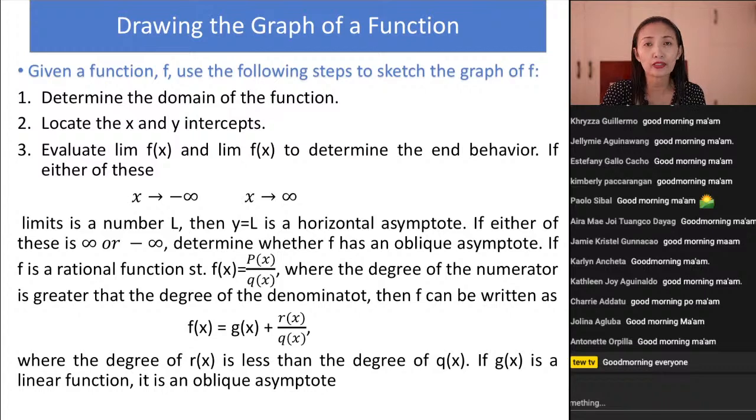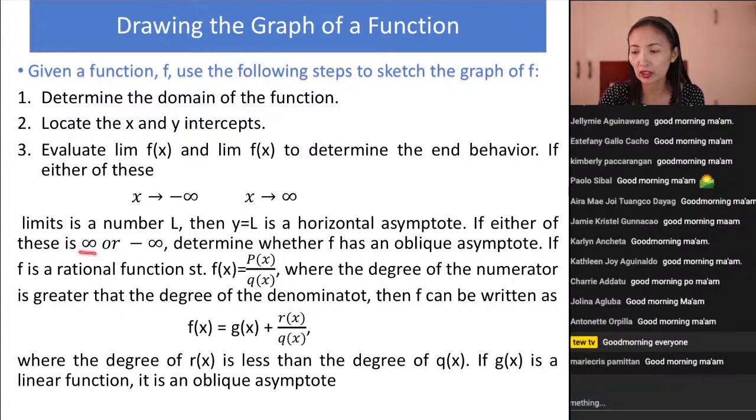Now, if the limit is a number L, then y equals L is a horizontal asymptote. If either of these is infinity or negative infinity, determine whether f has an oblique asymptote.